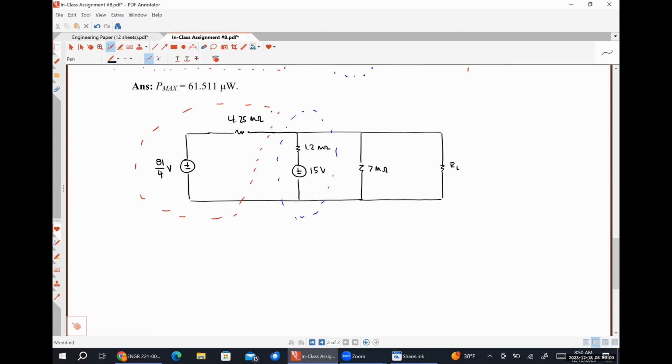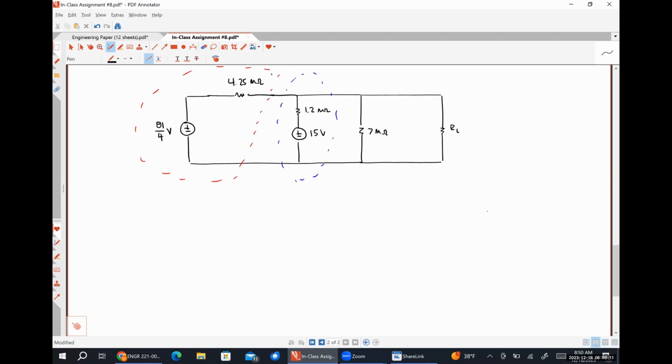So what's 81/4 of a volt in series with 4.25 megaohms going to be? Some extraordinarily tiny current in parallel with 4.25 megaohms. Direction of the current is going to be up. We'll sort out what that number is going to look like here in a moment.